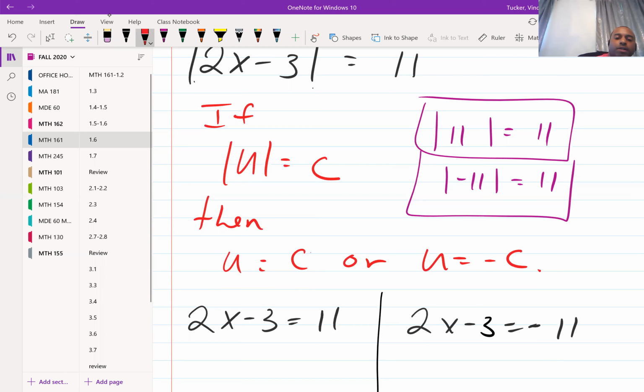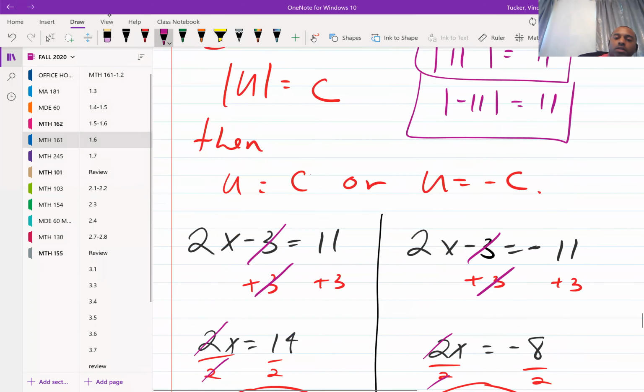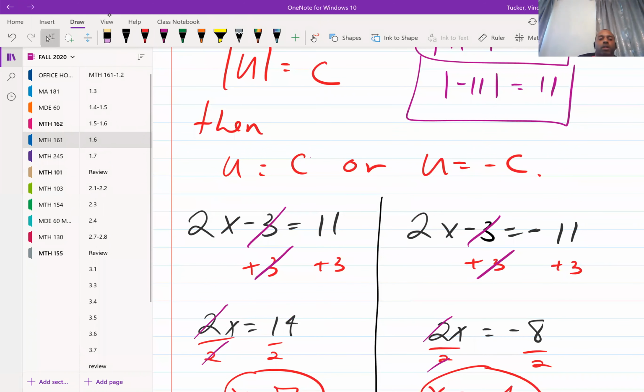All right, so from here, go ahead and solve your equations. Add 3 to both sides. You cancel on the left. And that leaves us with 2x equal to 14, 2x equal to negative 8.